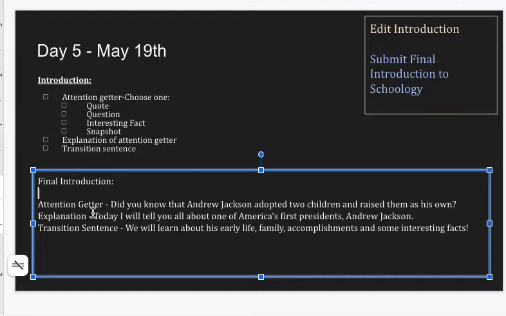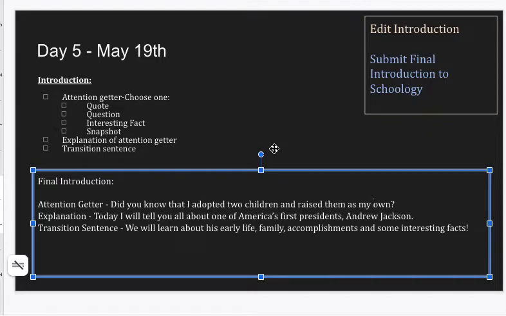So I'm thinking, how can I pretend to be Andrew Jackson and deliver this same information from his perspective? Well, here's a change I could make. I could say, did you know that I adopted 2 children and raised them as my own? That shifts that information from being written in third person to first person. Now Andrew Jackson is talking about himself.